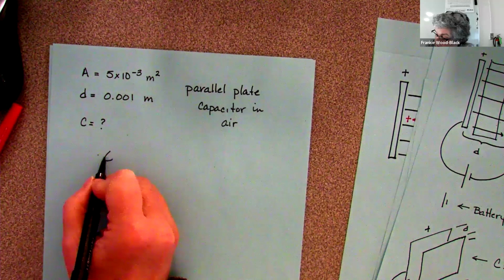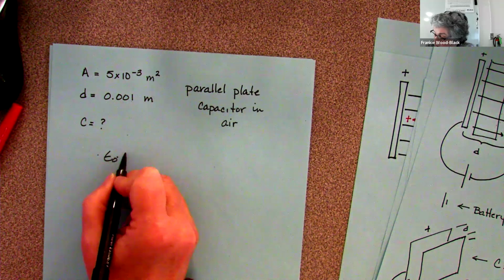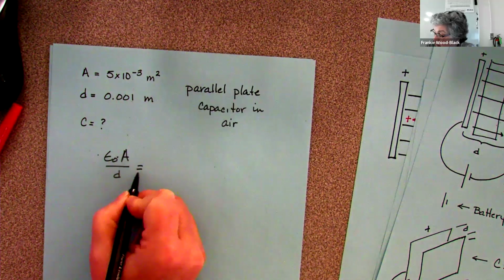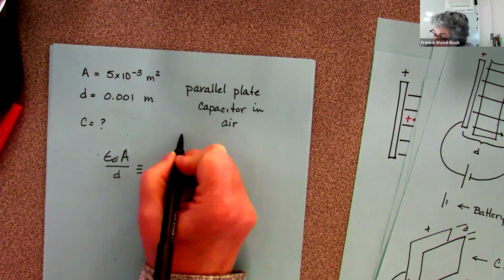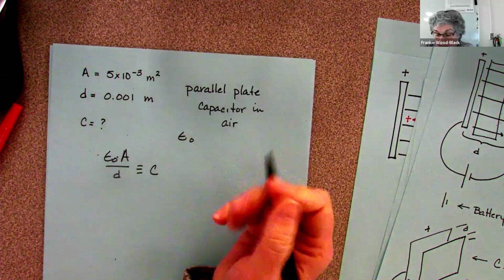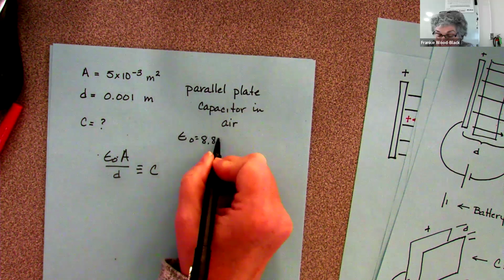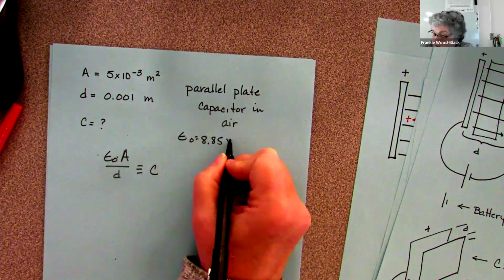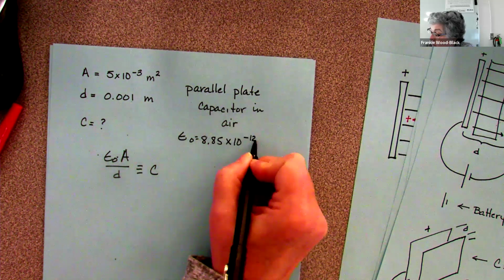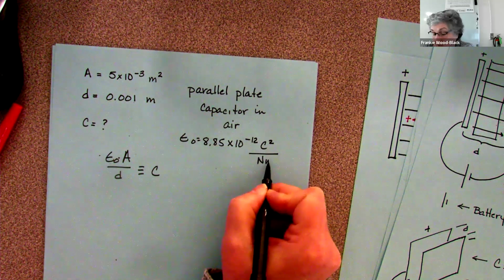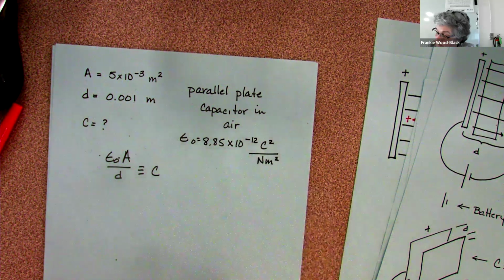We're just going to do epsilon A divided by d, which is going to give me my capacitance. My constant is 8.85 times 10 to the minus 12 coulombs squared per Newton meters squared.